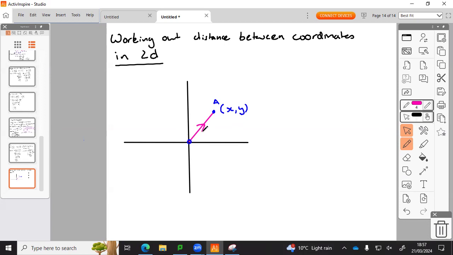Okay, so that could be described in component form as XY. All right, seems nice and simple. So a coordinate can be described in vector form. A vector is just showing how far it's travelled along the X and how far it's travelled up the Y.